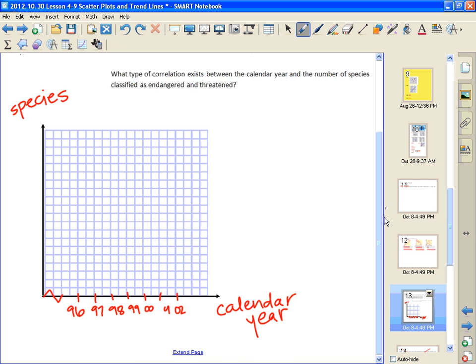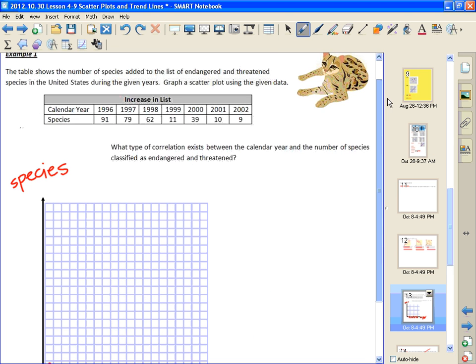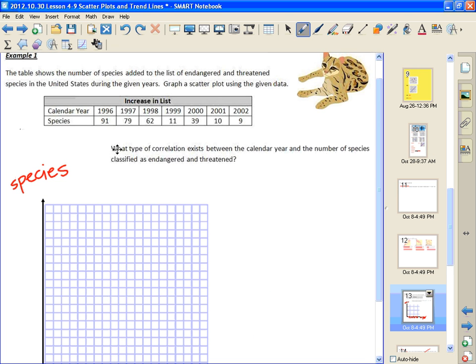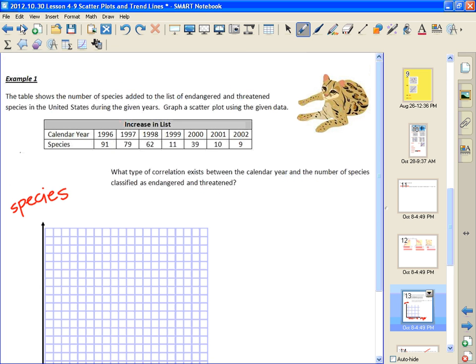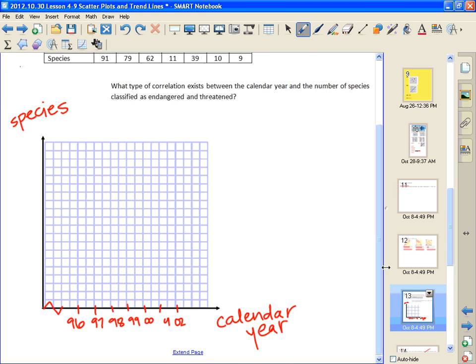Stop at 2002, right? Good. Then for our species, the smallest number we need to graph is 9, and the largest number we need to graph is 91. So if we need to count from 9 to 91, we'll count by tens on our y-axis.